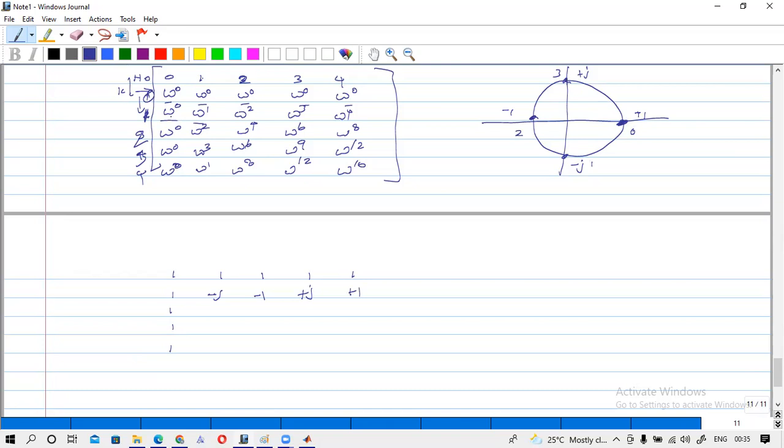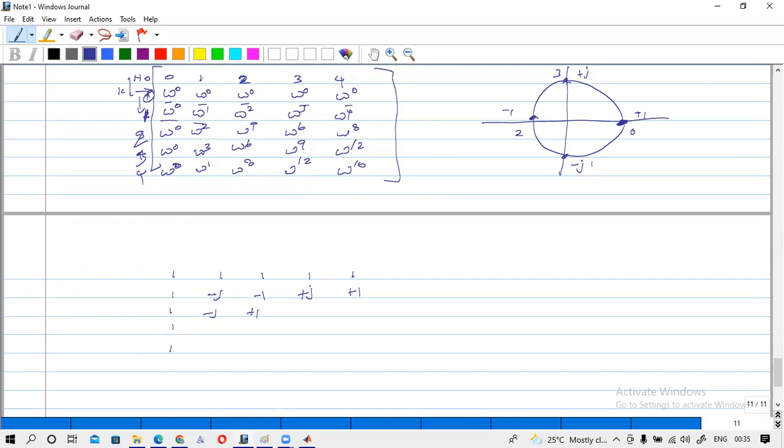And if you consider this one, W2, that is this one, minus j, and here W4, so 0, 1, 2, 3, 4, that is +1. And here W6.